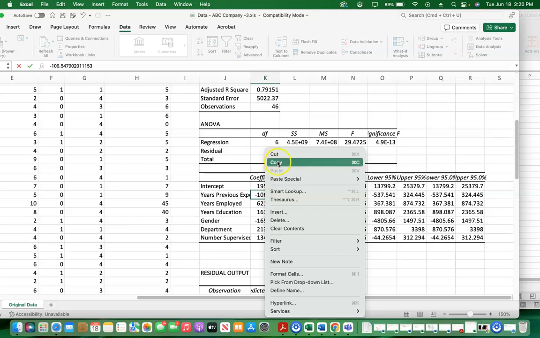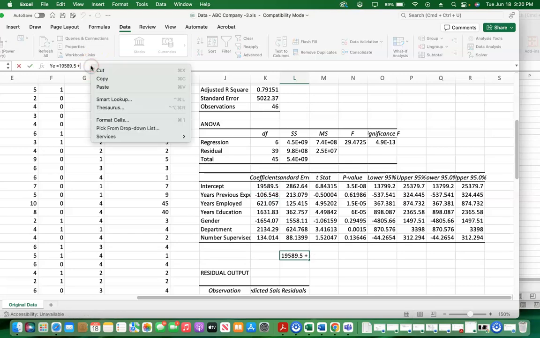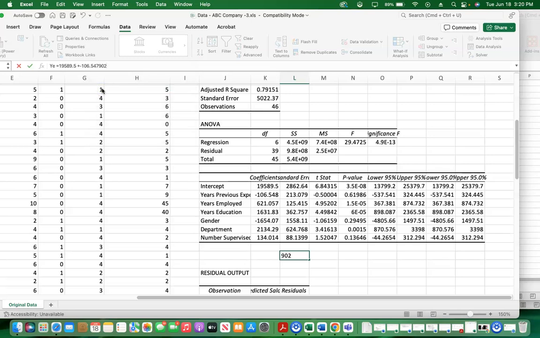Let me copy this, and I'll paste it here. Let me see if I can paste there. Oh, so that value is there, x1. Hold on there.